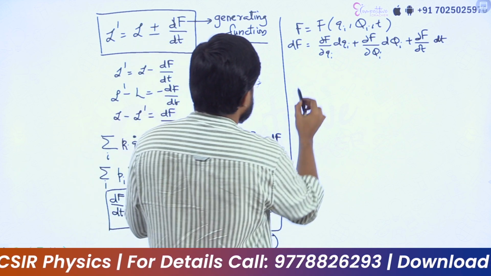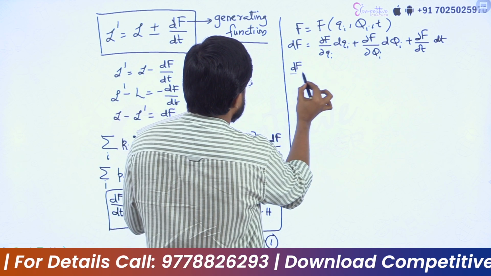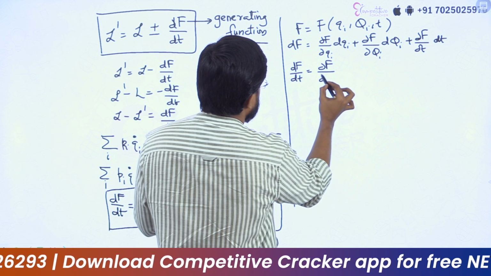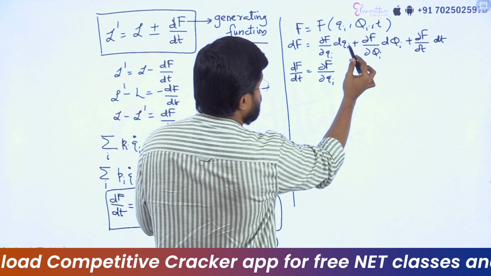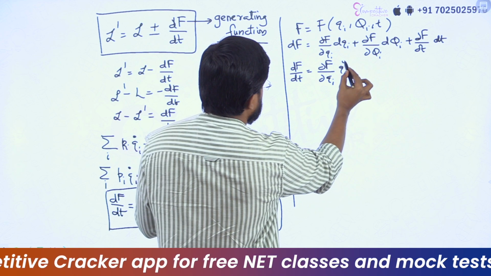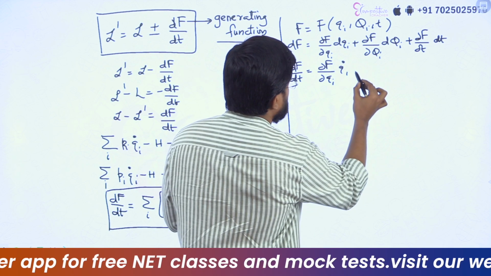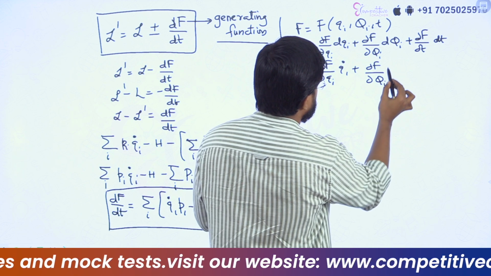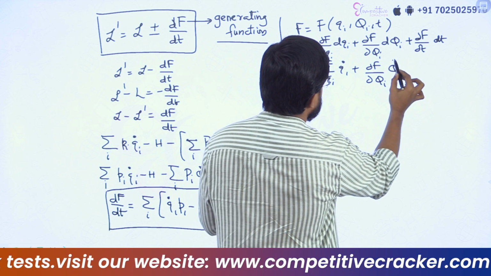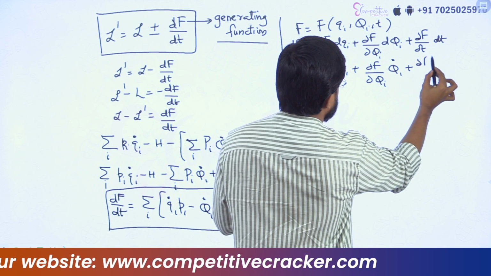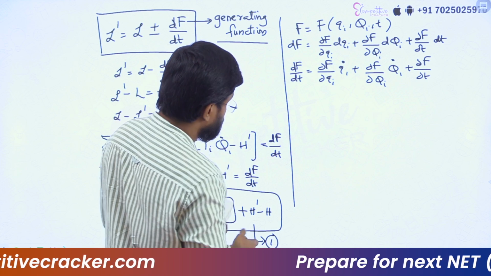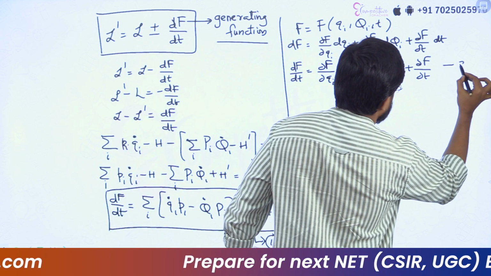And what is then dF by dt? dF by dt will become dou F by dou qi into dqi by dt, which is nothing but qi dot, plus dou F by dou capital Qi into dQi by dt, which is Qi dot, plus dou F by dou t. Let this be my equation number 2.